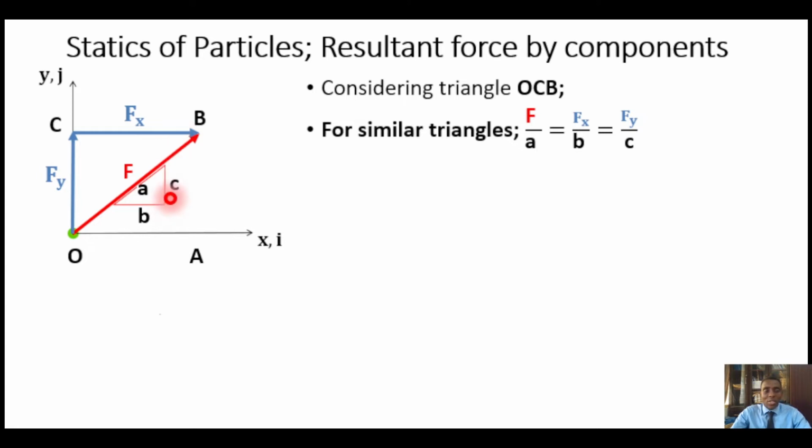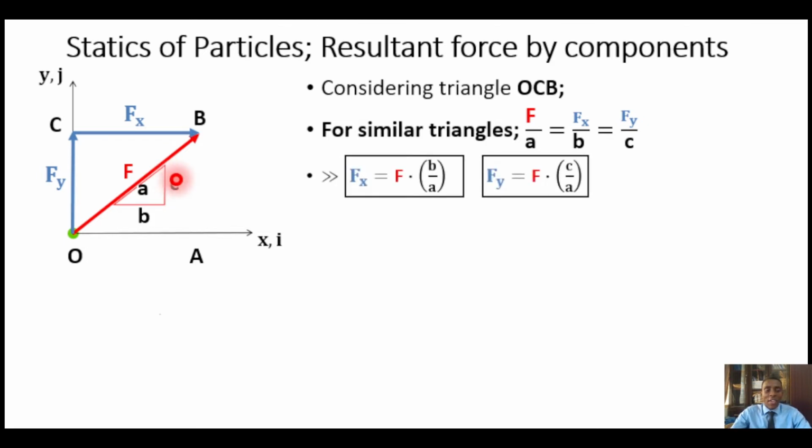For similar triangles, the hypotenuse of this bigger triangle, which is F, divided by the hypotenuse of the smaller triangle, which is A, should be equal to the horizontal side of the bigger triangle, Fx, divided by the horizontal side of the small triangle, which is B, which should also be equal to the vertical side of the bigger triangle, Fy, divided by the vertical side of the small triangle, C.